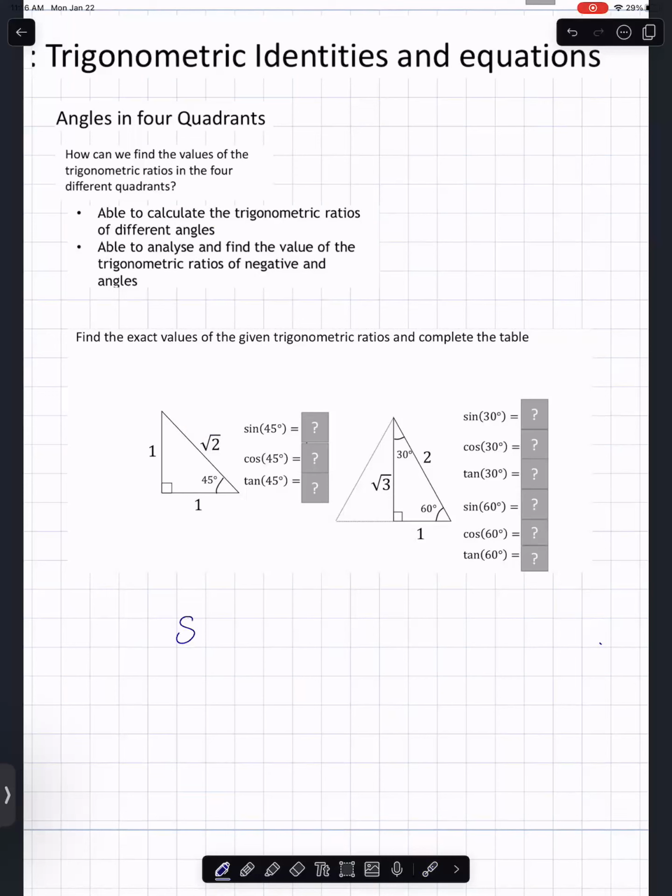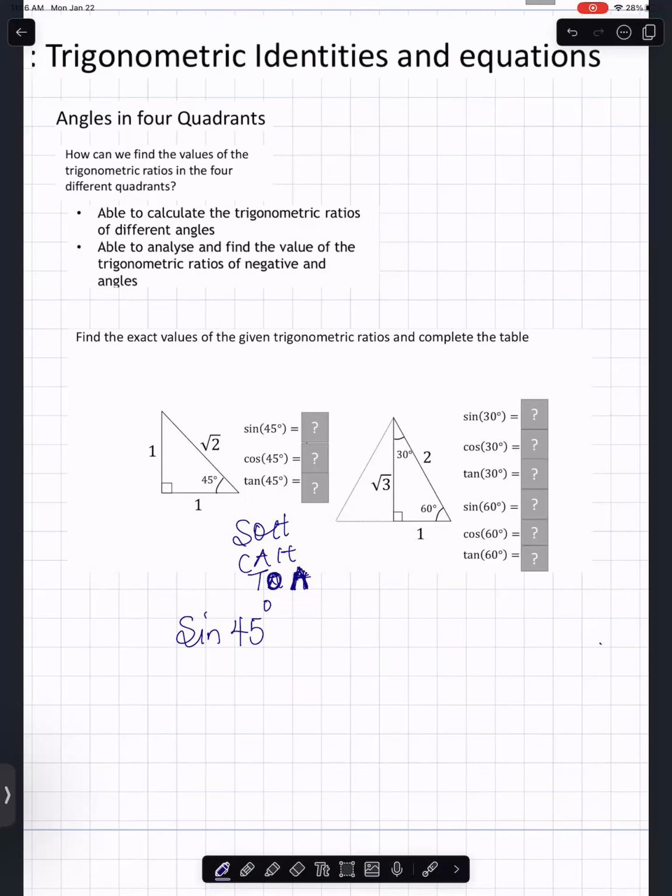As we earlier established in our trigonometry, we have SOHCAHTOA, that is what we've been using, where we have our SO as sine theta, and our CA as cosine theta, then our TOA as tan theta.